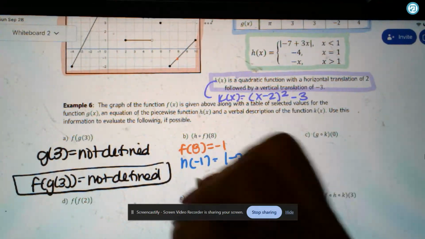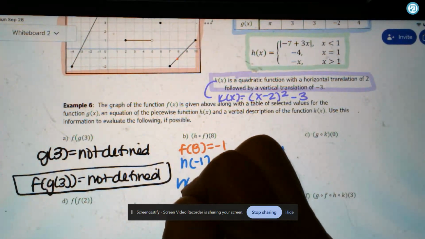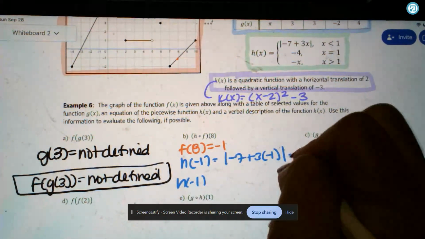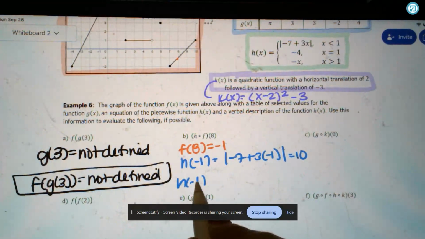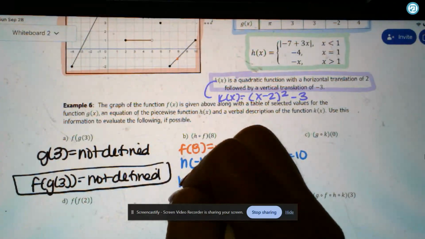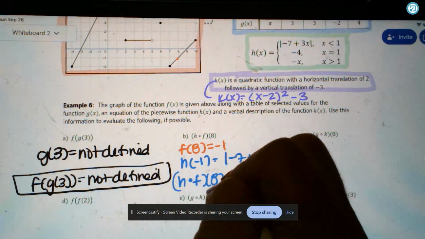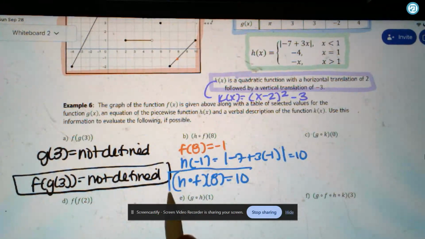And the absolute value of -10 is going to give me +10. So h of f of 8 is 10.